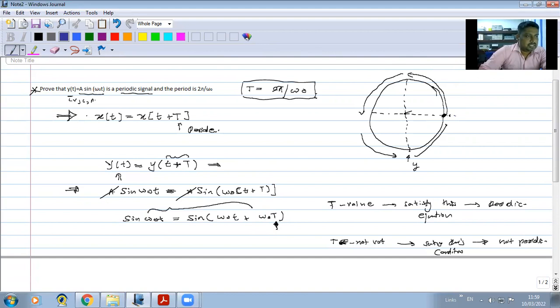If the particle is moving from here to here, the projection of this particle, or of this point, on this axis is moving like this, from here to here.